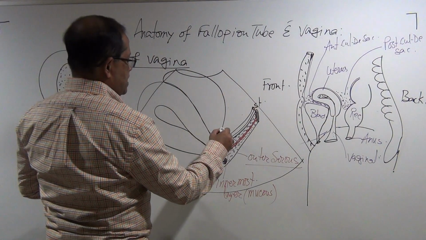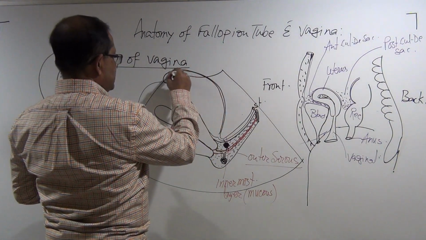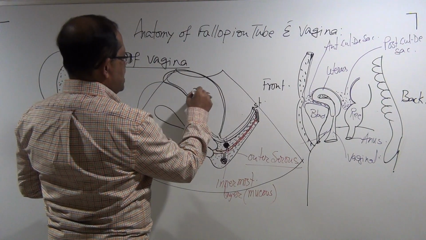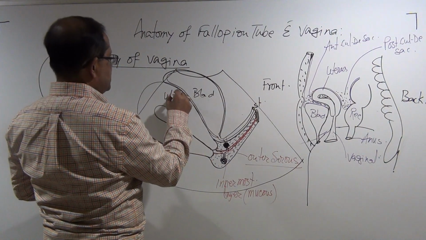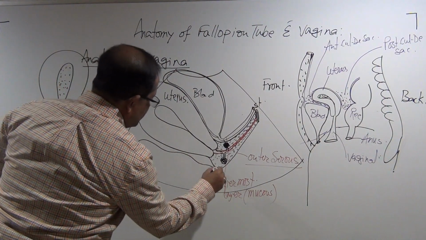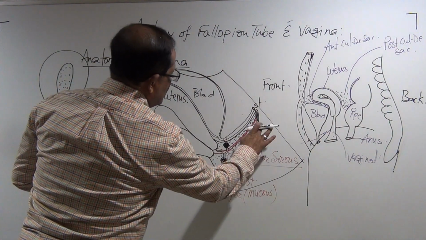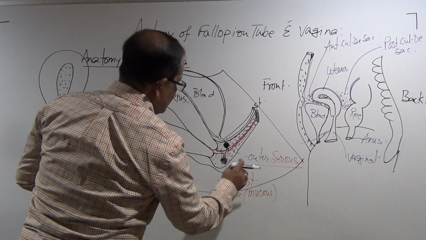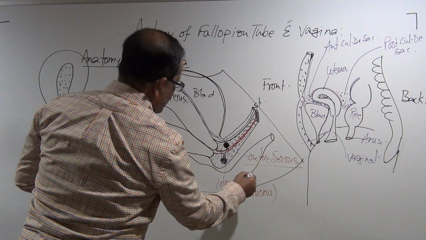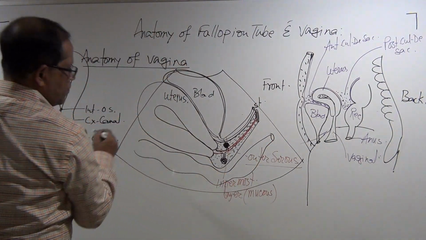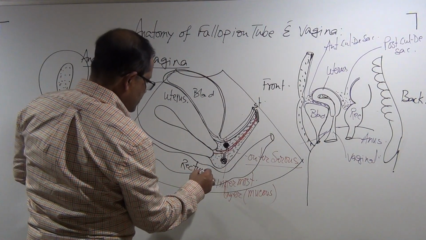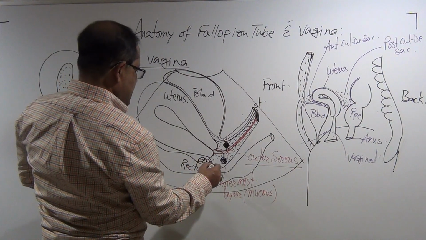So this is bladder, this is uterus, and this is rectum. This is rectum, and this is posterior cul-de-sac.